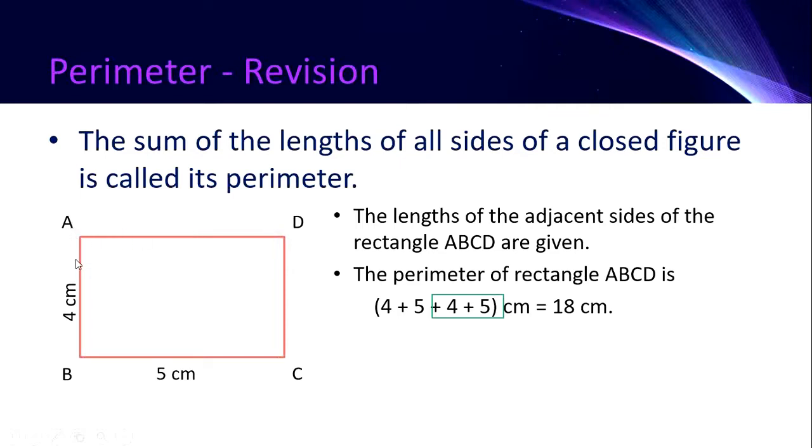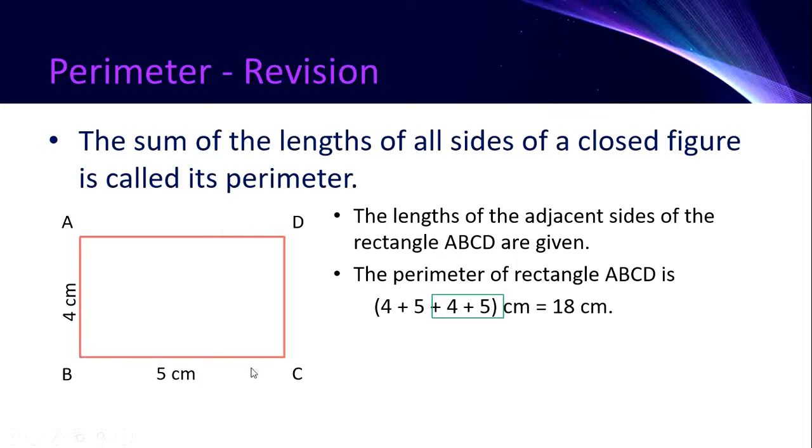And side AB and BC are adjacent to each other. Side BC and CD are adjacent to each other. Side CD and AD are adjacent to each other. So the lengths of two adjacent sides, that is the length of side AB and length of side BC, are given.